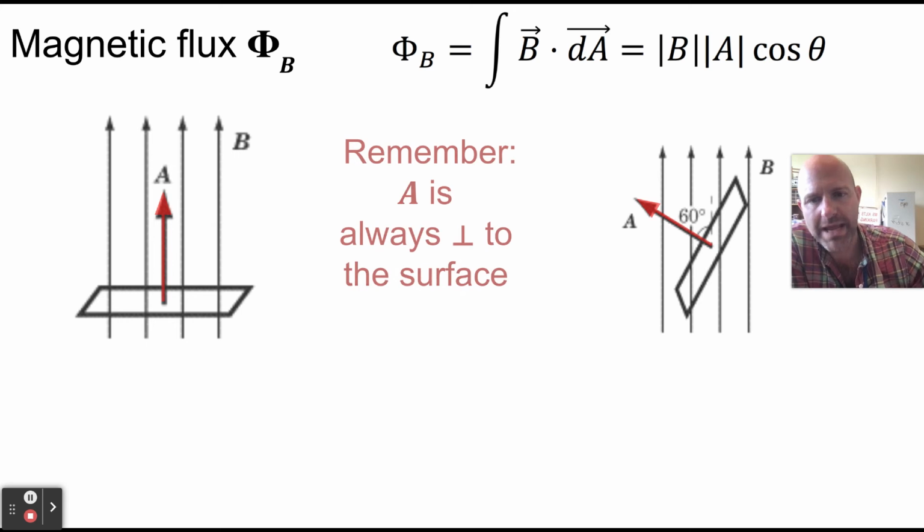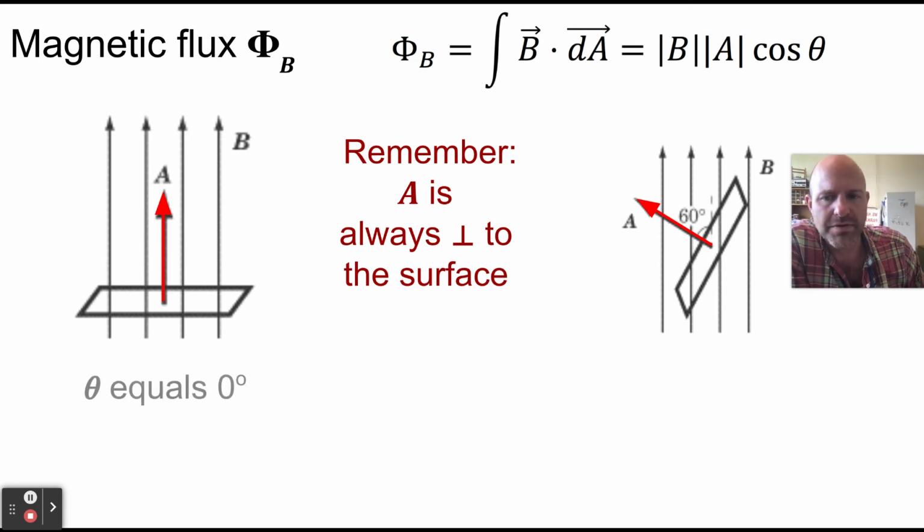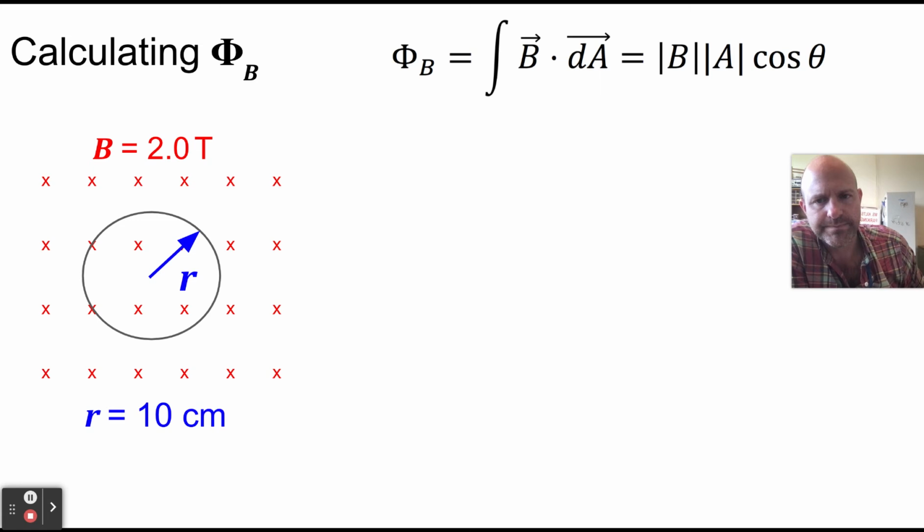You would get a nice big magnetic flux. The A is always normal, or perpendicular, to the surface. So here, theta is 0. Here, theta is 60. At 0, you're getting maximum flux. At other angles it gets smaller and smaller, until you get to 90, where you get 0 magnetic flux.